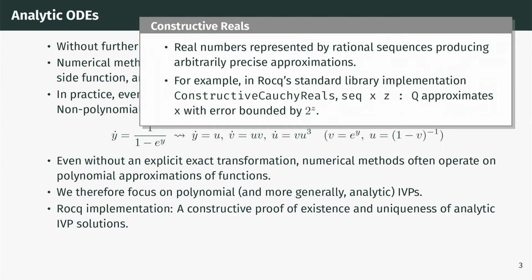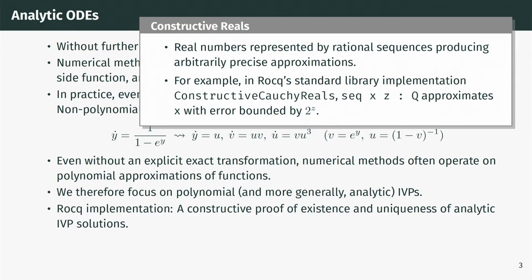Right, and there is already an implementation, so constructive reals are formalized in the Rocq standard library already. There's an interface for constructive reals which can be implemented with different types of representations. But the one that is implemented in the standard library is called the constructive Cauchy reals, where you use the standard rational type, the type Q, for your approximations.